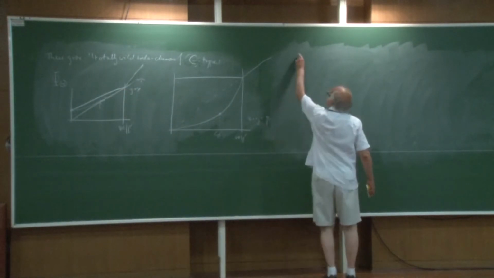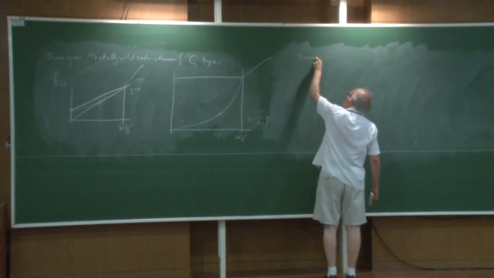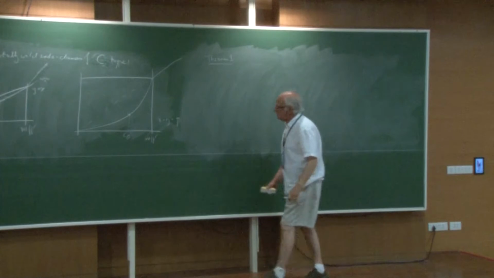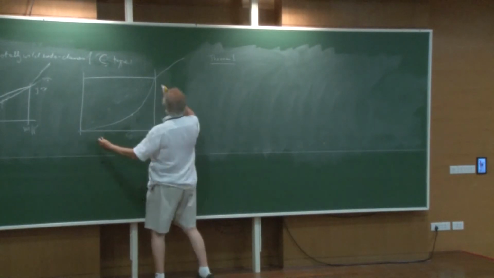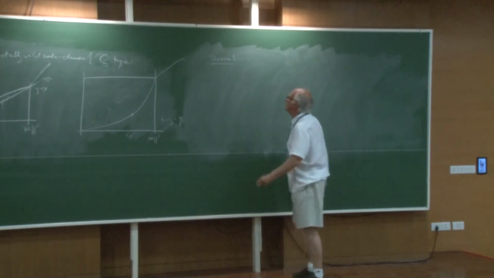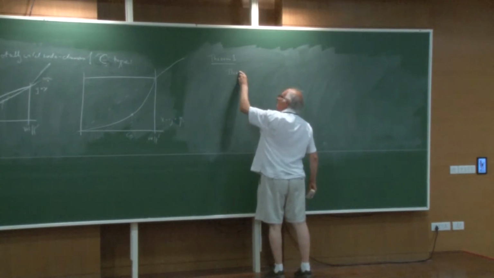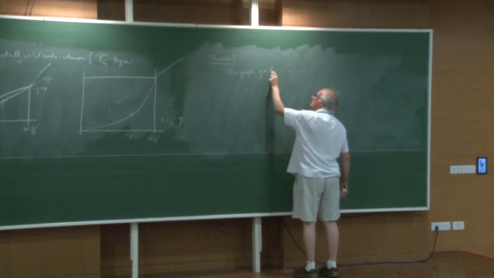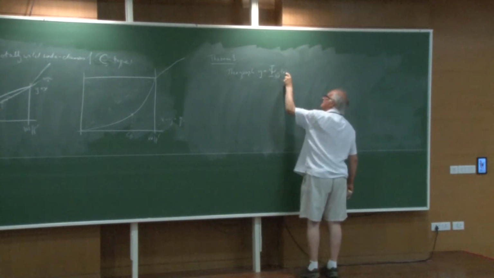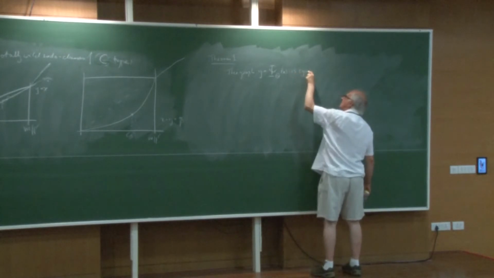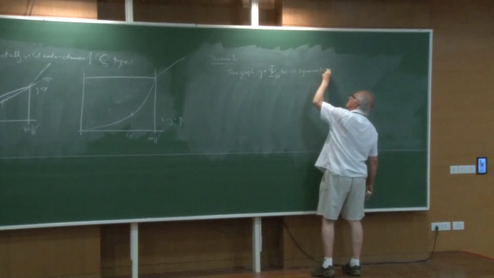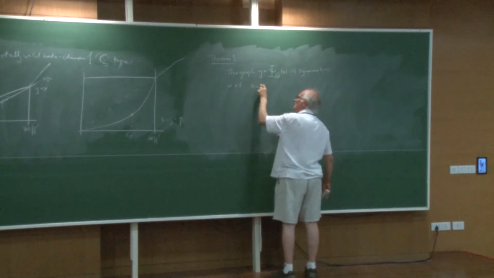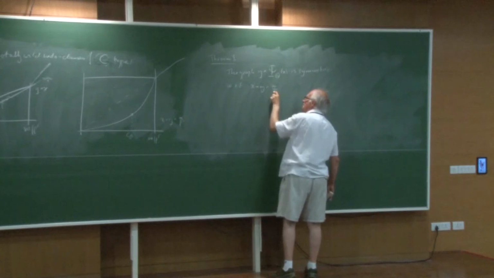Theorem 1. When I talk about the graph of this thing, I always mean this bit of the graph. I don't care about that. The graph y equals big C theta of x is symmetric with respect to the line x plus y is m over p to the r.